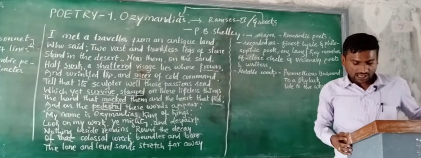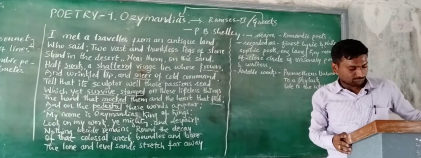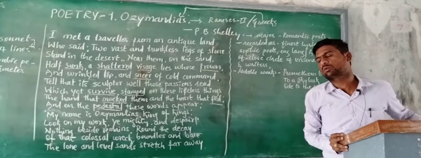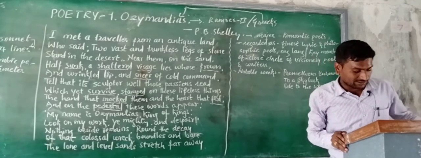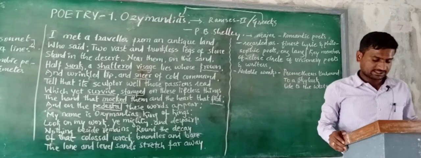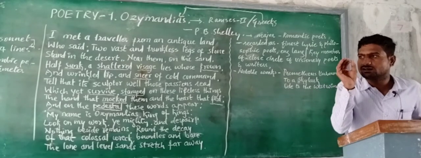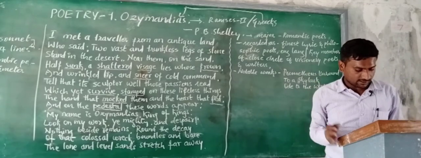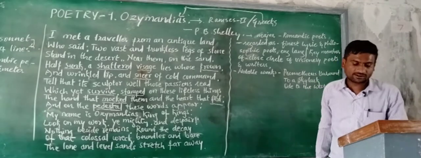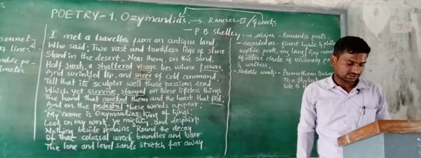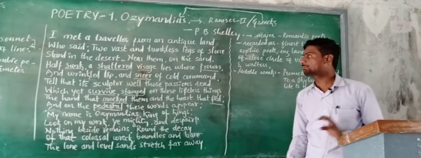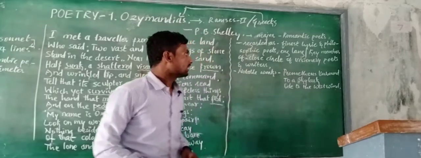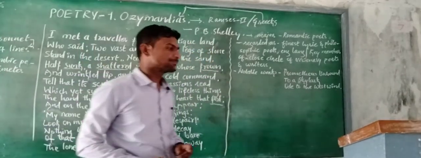The artist has become more powerful than the king here, because he has described his skills very well in this poetry. Only the sculptor's work has survived, and it is the record of the king's passion. This is the beautiful poetry written by P.B. Shelley. I hope you understand that.